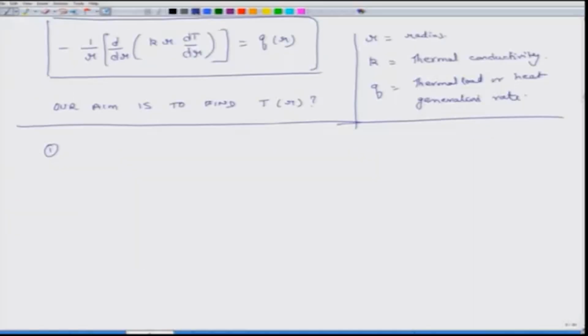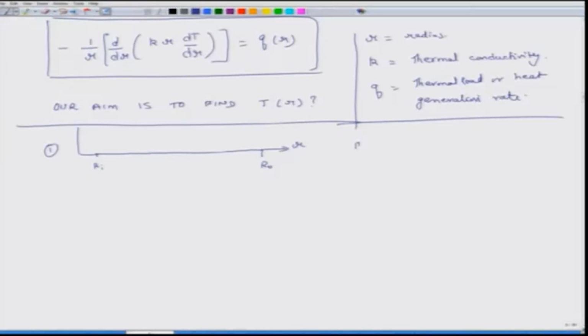So, my domain is this, this is Ri, this is Ro. Okay. This is my axis for radius, then this is my domain. Okay. So, the first step we do is we break this Ri to Ro, this is my domain.